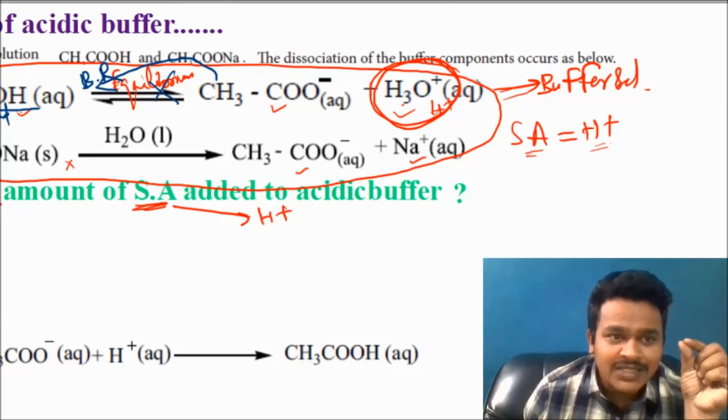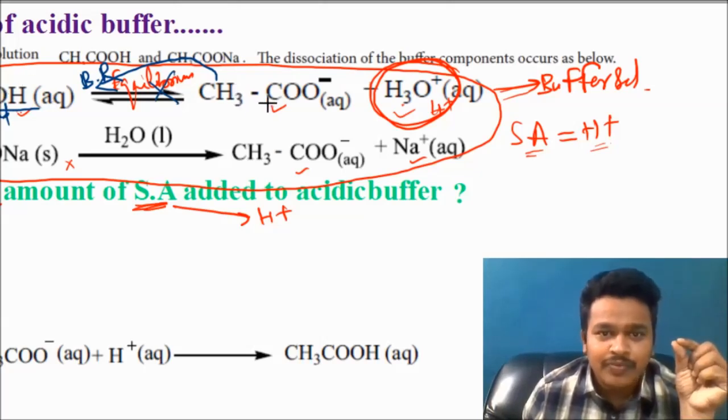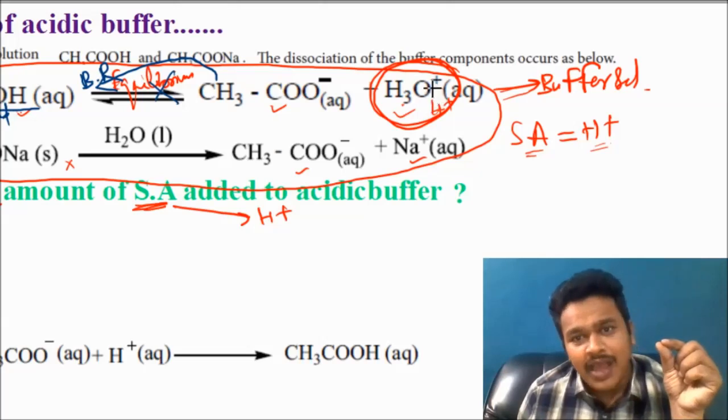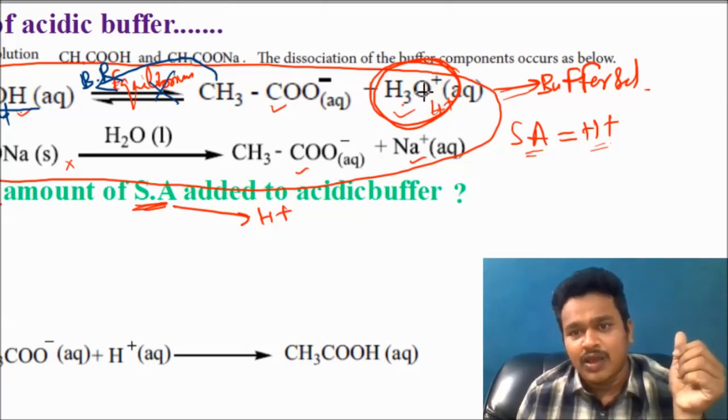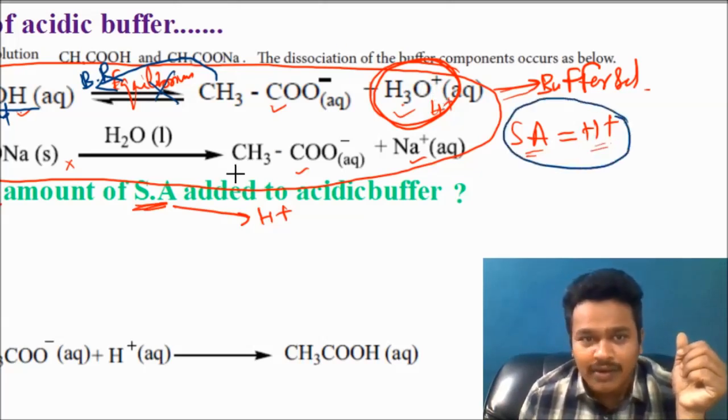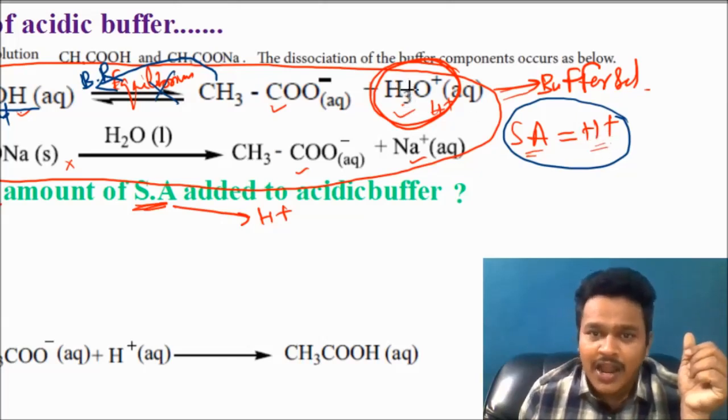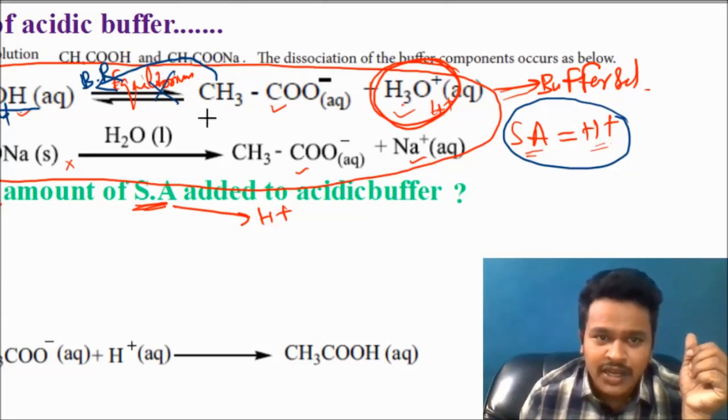Previously, acetic acid dissociated into acetate and hydronium ions, that means H plus ions. Once you add a small amount of strong acid to the buffer solution, these H plus ions, that means hydronium ions, increase. They disturb the equilibrium state.